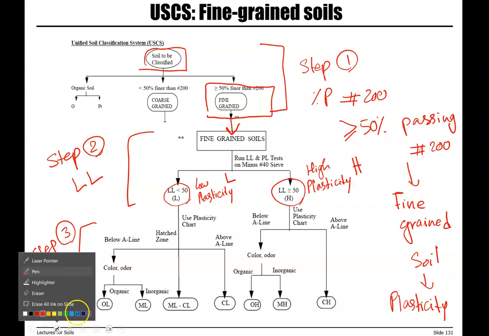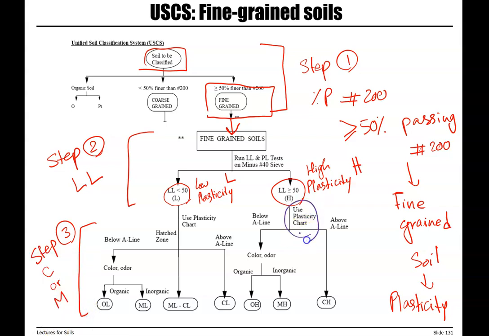So in this step, we need to use plasticity charts and, using LL and PL, calculate PI, and then see if our point plots above A line or below A line.